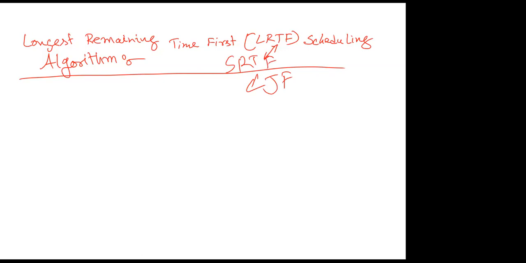Let's see the definition. It says that among all arrived processes, the process with the longest burst time or execution time will be scheduled first.